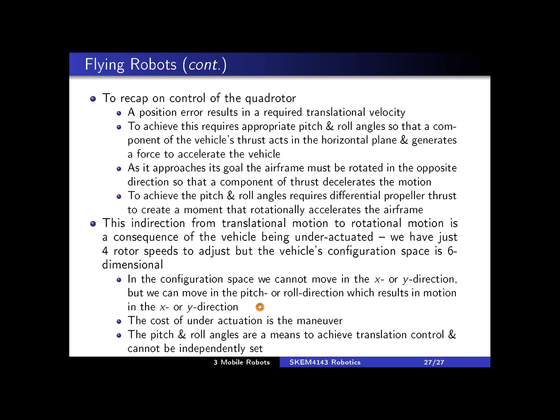That means we cannot move immediately in the Y or X direction. We have to first move in the pitch or roll direction, and then that will result in motion in the X and or Y direction. The cost of under-actuation is the maneuver, and here the roll and pitch angles are a means to achieve translational control and cannot be independently set.